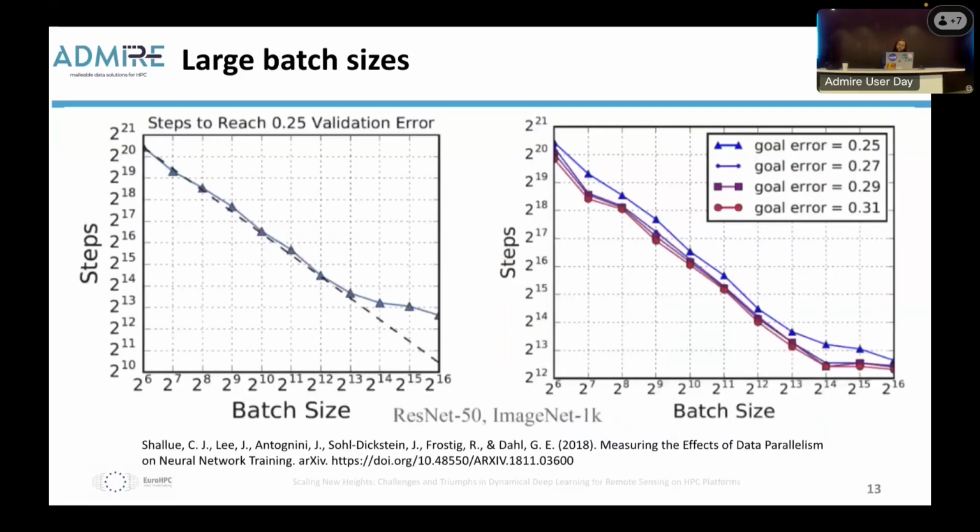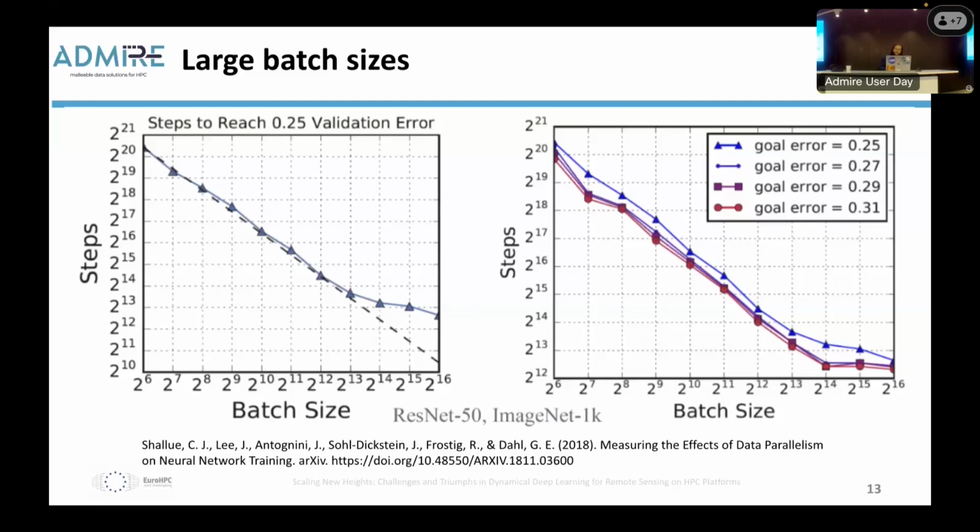The problem is that we have a sort of upper bound, in the sense that it's known that for batch sizes above 8,000 samples, the scaling is not so linear anymore, in the sense that you hit a sort of wall which you cannot cross easily unless you adopt more advanced optimizers.